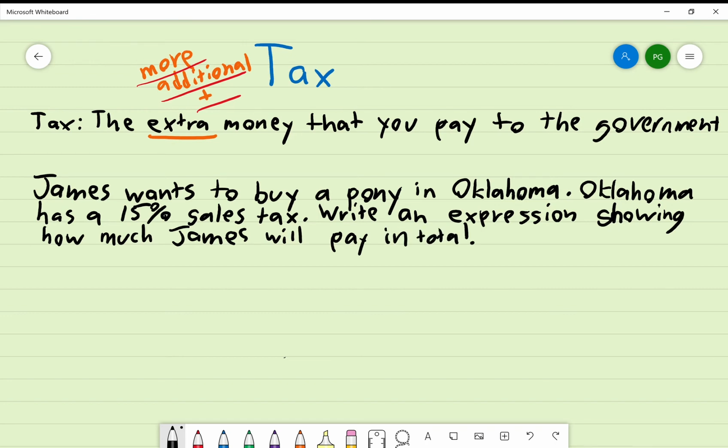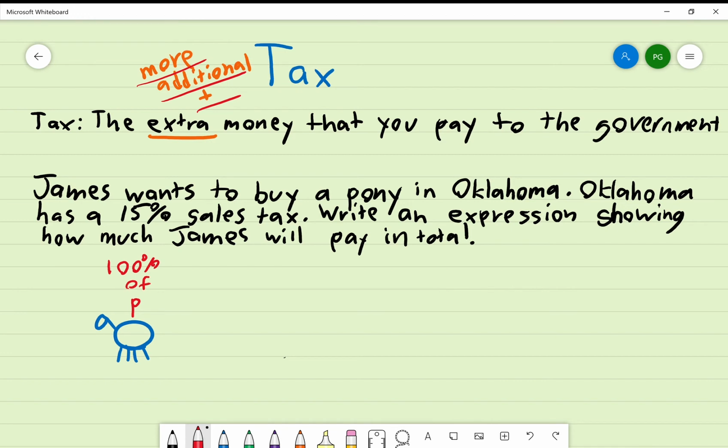Okay, so pretty much James was going to buy a pony, right? Yes, I am terrible at drawing. James was going to buy that pony, and that pony was going to cost him a grand total of, I don't know, let's say P dollars, fee per pony. So he was going to pay 100% of P dollars, right?